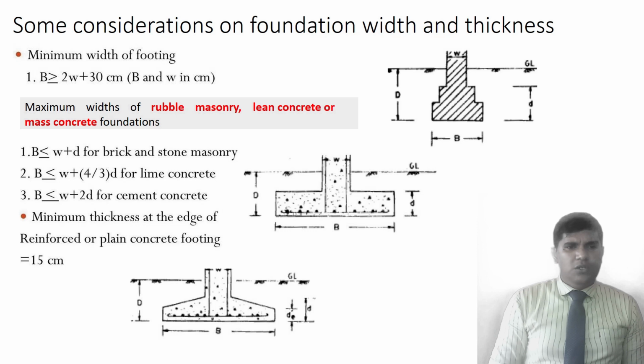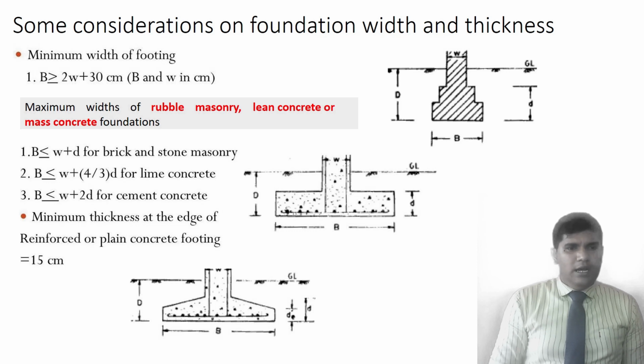And we need to know some considerations in finding the foundation width and the thickness. Mainly the minimum width of the footing, B, the capital B being the width of footing, should be greater than or equal to 2 times the width of your wall plus 30 centimeters.